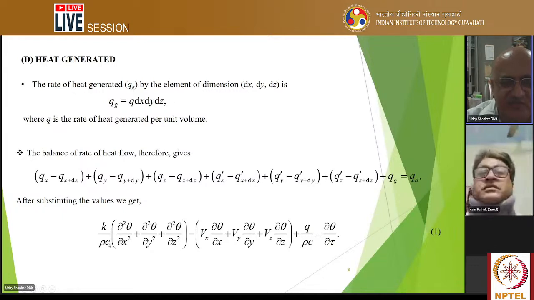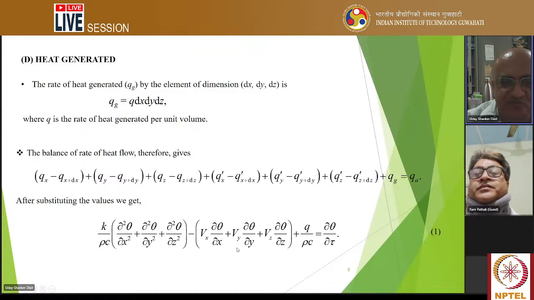Here you have K by rho C, theta is temperature, del square theta by del x square, del square theta by del y square, like that. And then plus Q by rho C, but you have the rate of change del theta by del tau, where tau is the time, but you also have Vx del theta by del x, Vy del theta by del y, Vz del theta by del z. So these are convective type of terms.